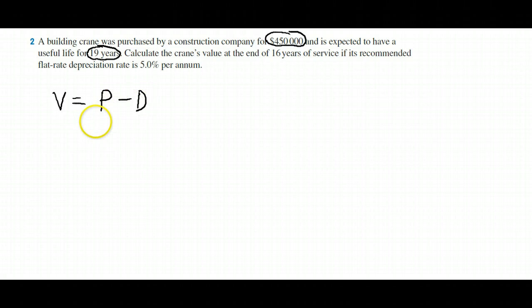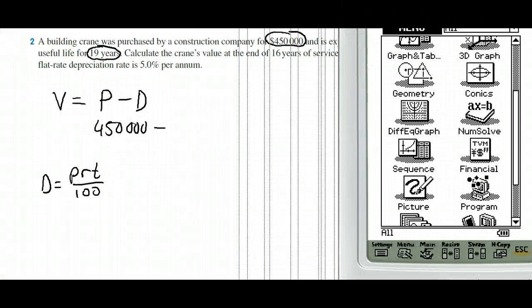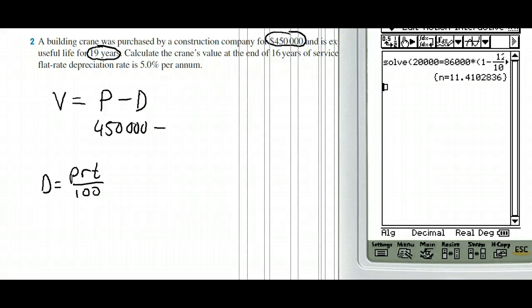The purchase price was $450,000, and D will be equal to PRT over 100 because this is flat rate depreciation. So D is equal to 450,000 multiplied by the depreciation rate, which was 5%, and the number of years is 16, and then divide all that by 100, and we get 360,000.